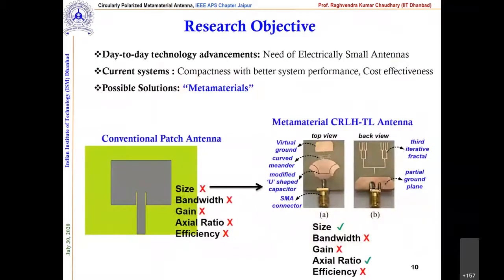When we started with metamaterial antennas, the small antennas, if you go through the literature, you will find mostly linearly polarized antennas were published, and the gain and radiation efficiencies were difficult to accommodate for any possible application. So when we started, we made a compact antenna, and then we improved the gain as well as the radiation efficiency. I'll show you some of our work later on.